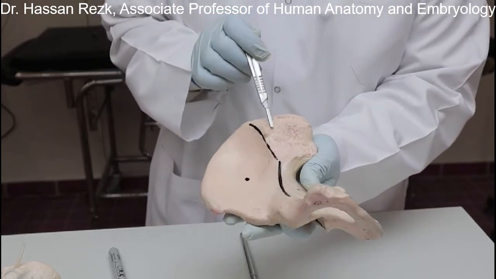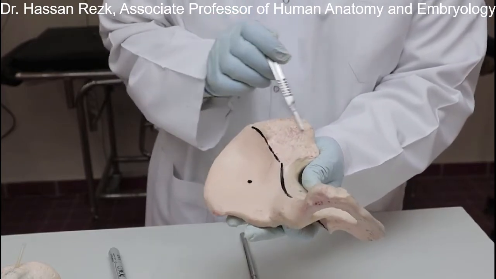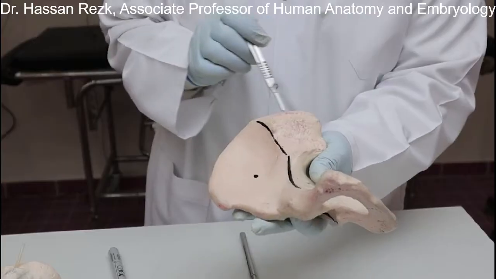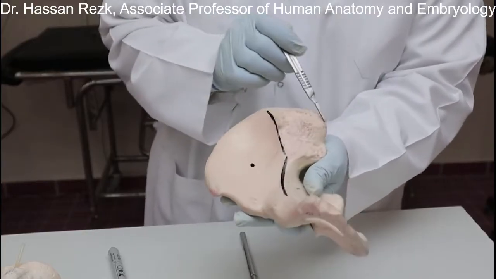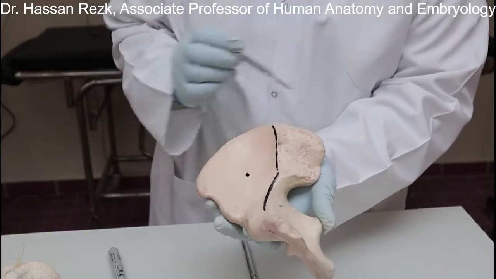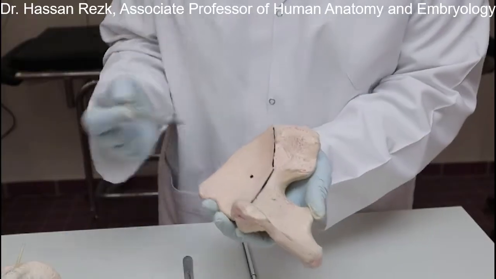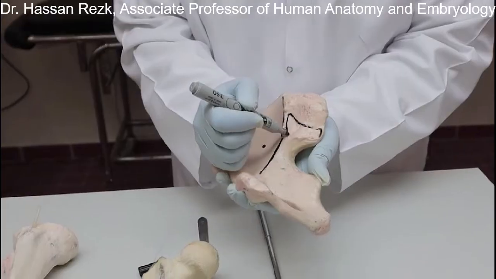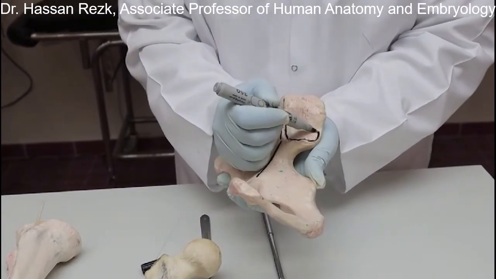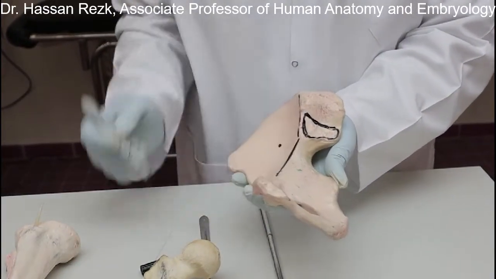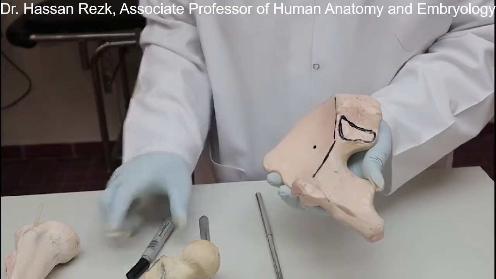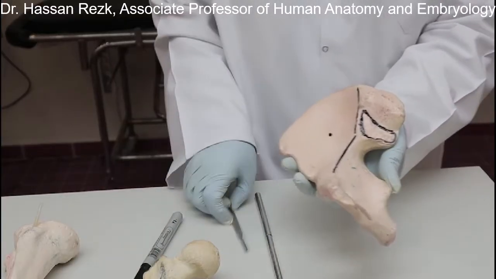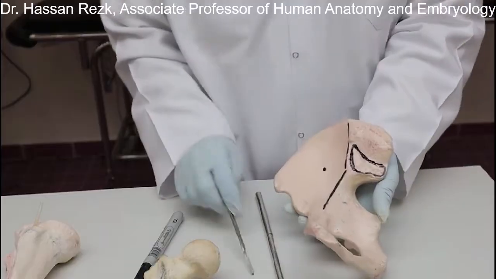And this is the iliac tuberosity, which gives attachment to very important muscles supporting the sacroiliac joint. And this surface here is known as the auricular surface or articular surface. Why? Because this surface is for articulation with the sacrum to form the sacroiliac joint.